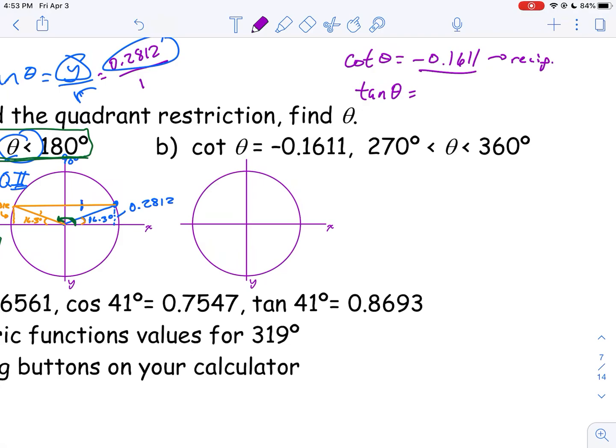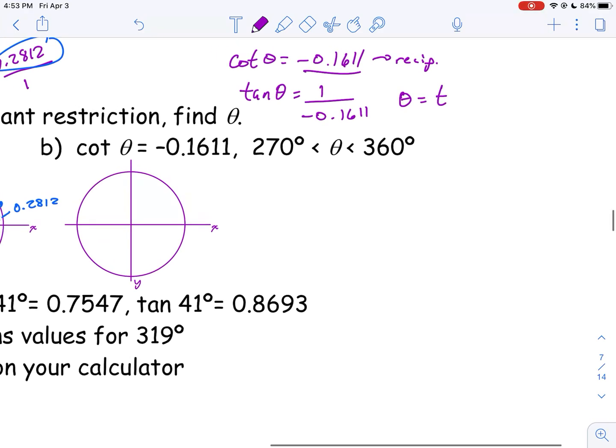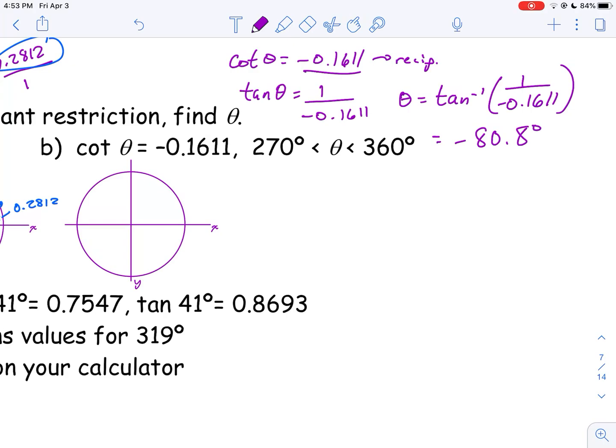Do you remember how to find the reciprocal of a decimal? You do 1 over negative 0.1611. And so then we know that theta we have to do the inverse tangent of both sides, meaning theta has to be the inverse tangent of 1 over negative 0.1611, which tells us that theta itself is, type it in the calculator, negative 80.8 degrees. This is great.